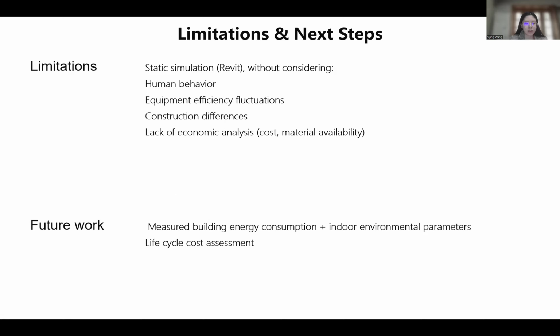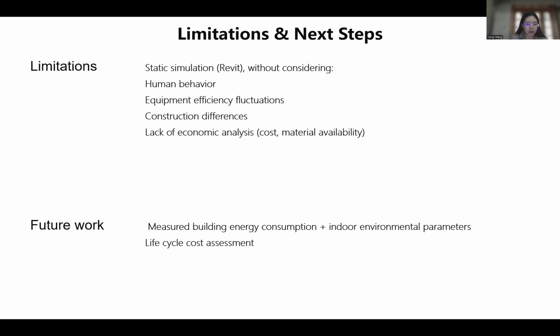However, this study has limitations. First, the conclusion is based entirely on static Revit simulations. We did not consider human behavior, equipment efficiency fluctuations, and differences in local construction quality.